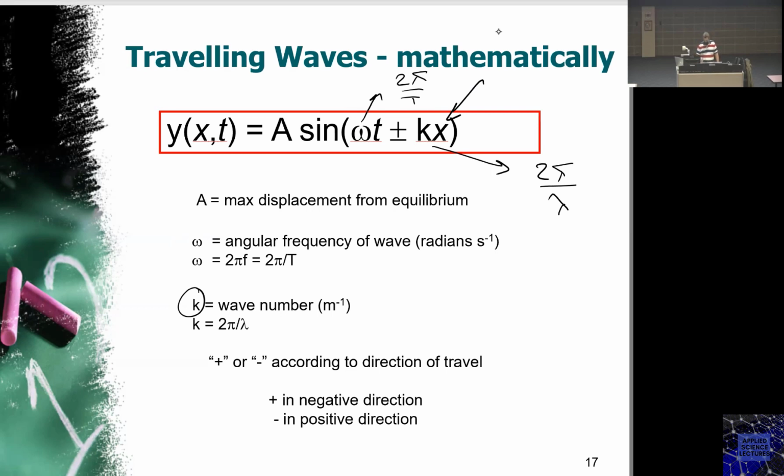This x variable defines the axis that I am propagating on in that direction. Right now, the displacement or the oscillation is happening along the y-axis. The propagation is happening based on this sign, however, along the x-axis.